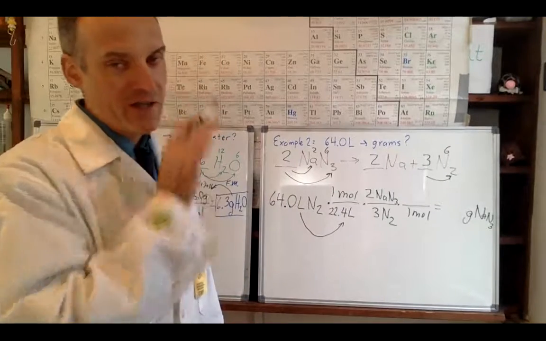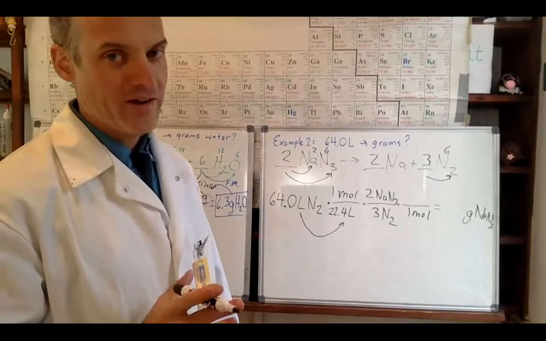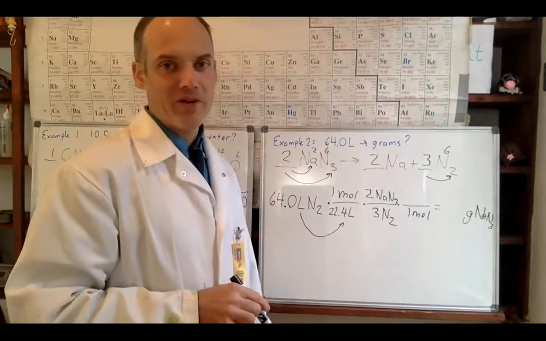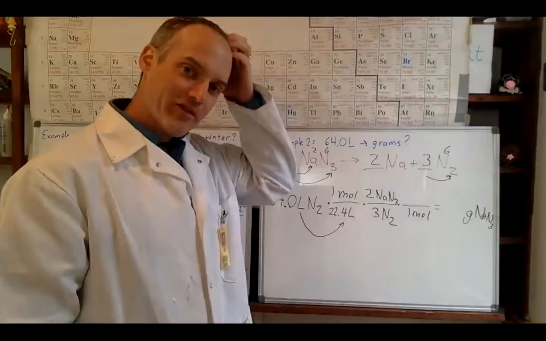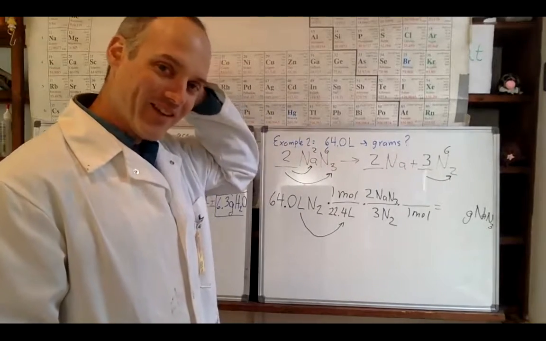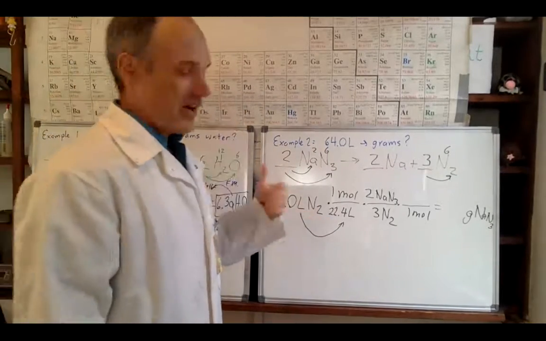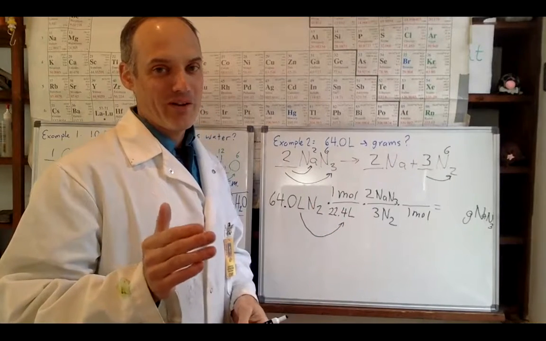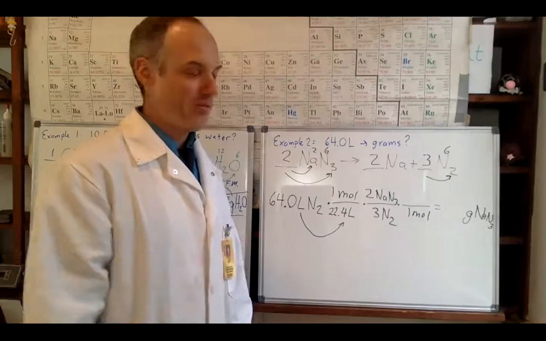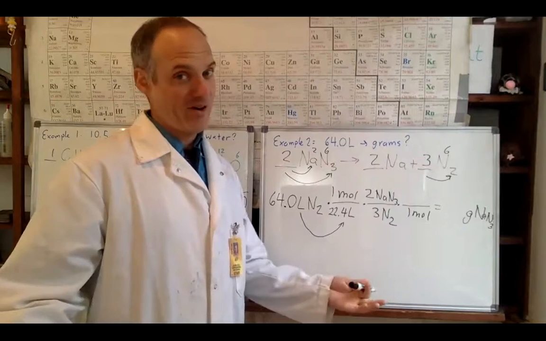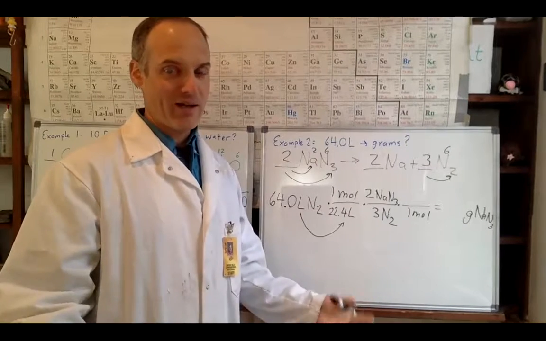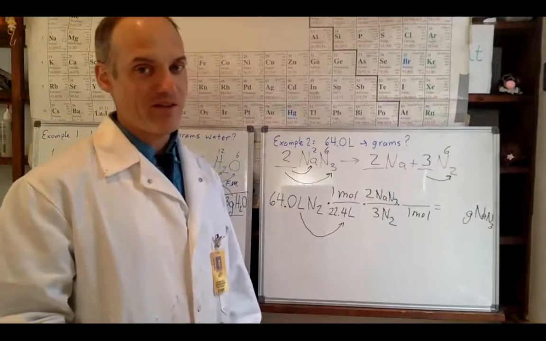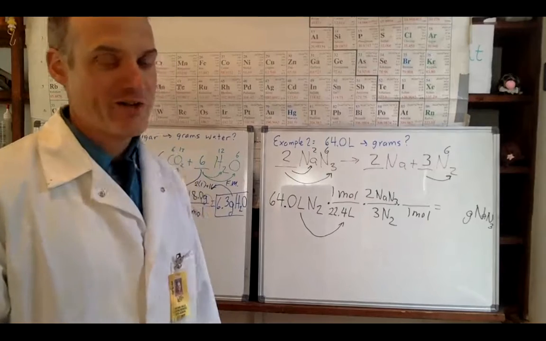Side note though, the airbags are really hot. If you've ever gotten in an accident before with airbags, luckily I never have. All my vehicles are too old to have airbags, but they come out really hot. So it's not going to be STP, as we say, standard temperature and pressure. It's going to be high pressure because it's blowing up an airbag, and it's going to be really hot because it's an exothermic reaction.